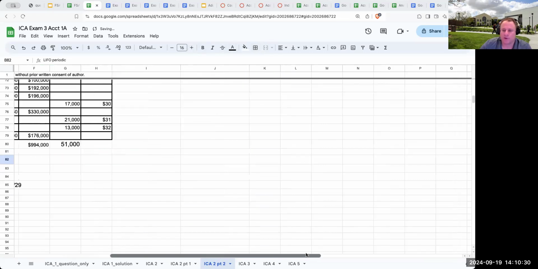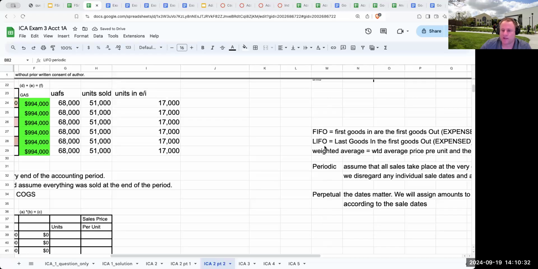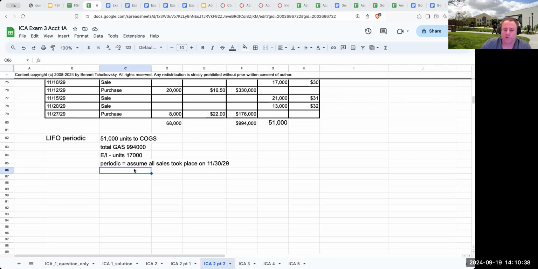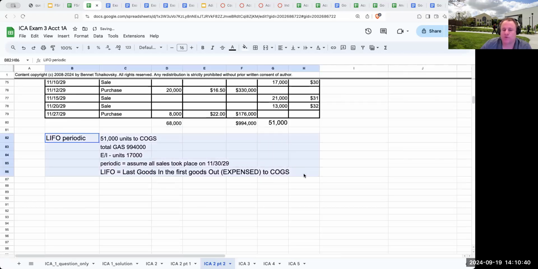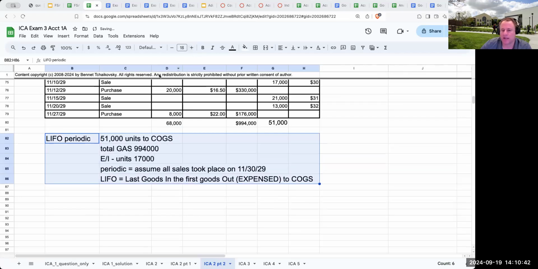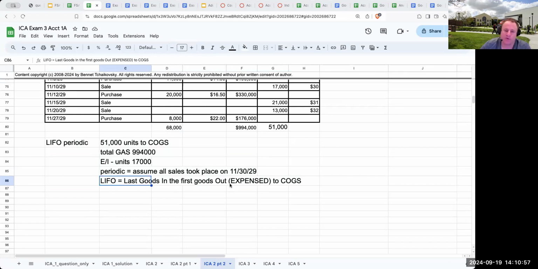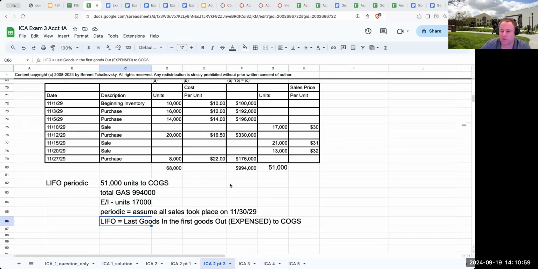Also, very, very important, what does LIFO mean? It means that the last goods in are the first ones expensed to cost of goods sold. And this is why IFRS will never converge with generally accepted accounting principles, because we don't want to give up LIFO here in the US. So LIFO: last goods in are the first goods out, or expensed to cost of goods sold.